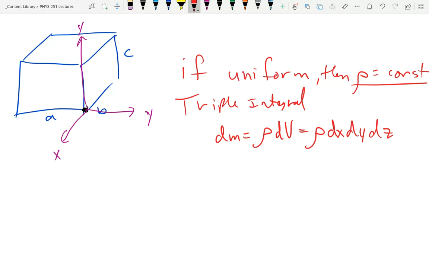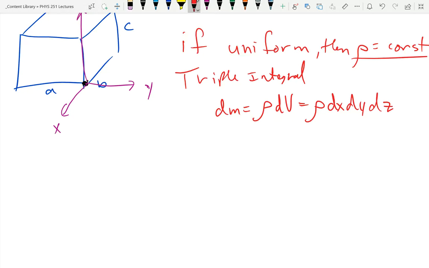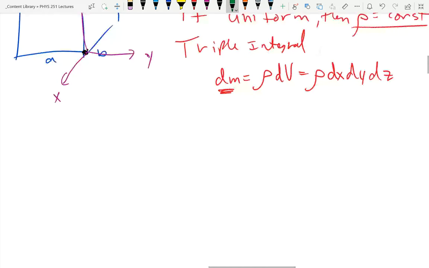I'm keeping it in Cartesian coordinates because I don't have a cylindrical symmetry, I don't have a spherical symmetry. Those are the reasons we can switch it, right? So that's why I'm keeping it Cartesian, because otherwise Cartesian is the easiest. So I have dm, and rho was already given. All I have to do is determine my limits and do the integral.